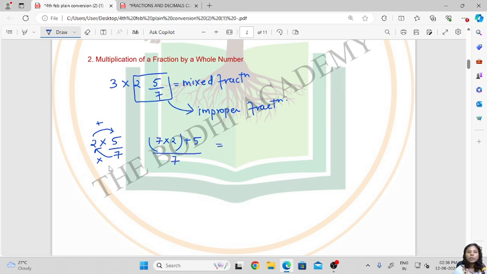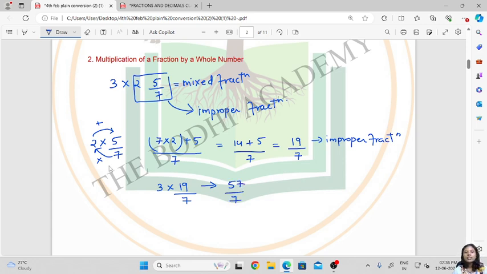So this will be equal to 7 2s are 14 plus 5 upon 7, that is equal to 19 upon 7. So now we have got an improper fraction. Why improper? See here, the numerator is greater than the denominator. So now we can easily solve this. So 3 into 19 upon 7 will give us 19 3s are 57 upon 7. So this is our improper fraction.